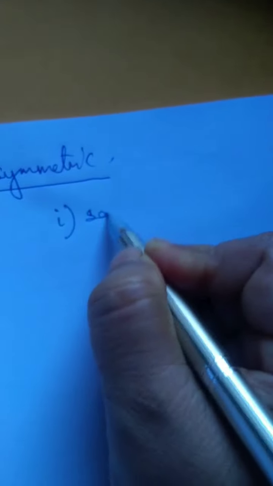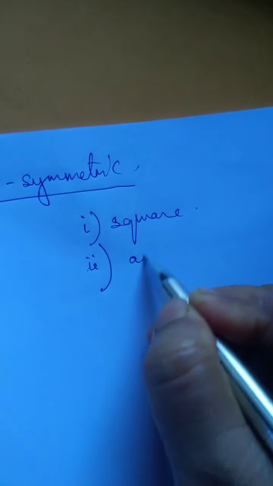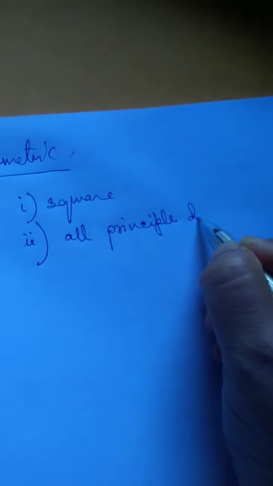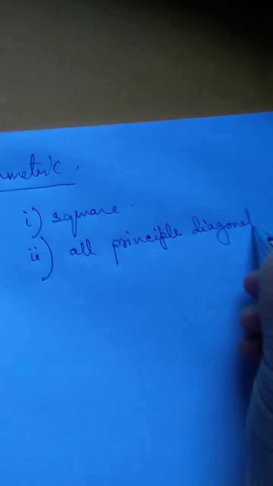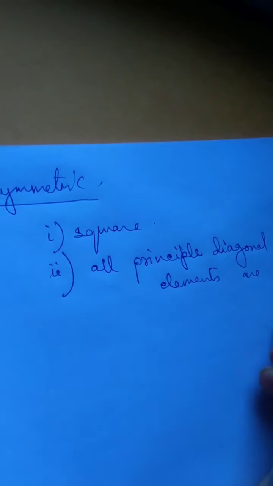The next definition is of a skew symmetric matrix. Now a skew symmetric matrix is also a square matrix. Moreover, all principal diagonal elements are equal to 0. All principal diagonal elements are 0.